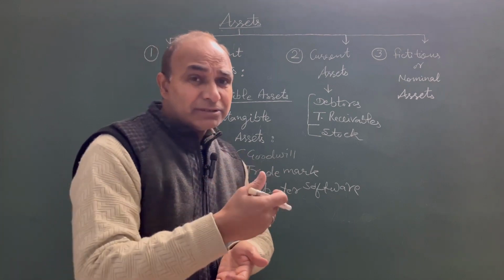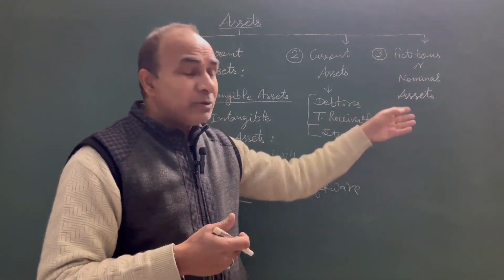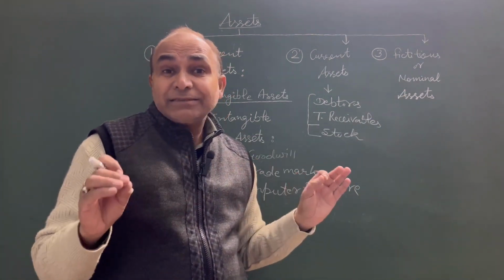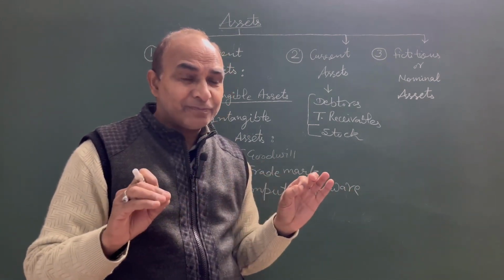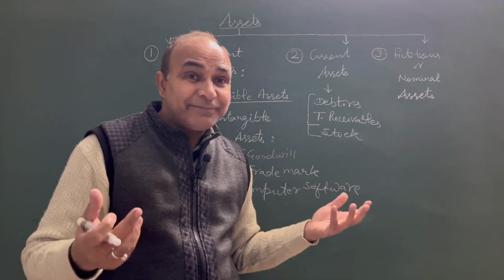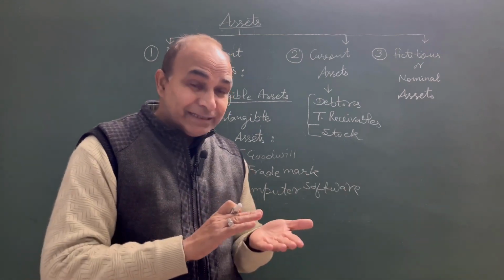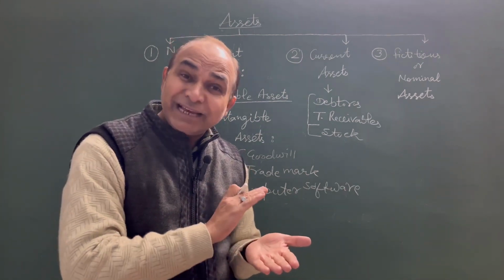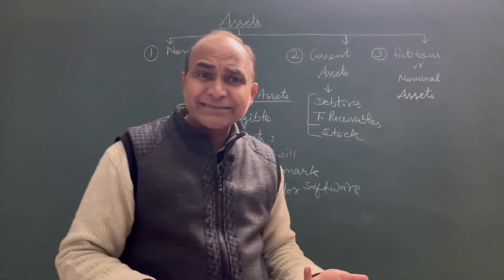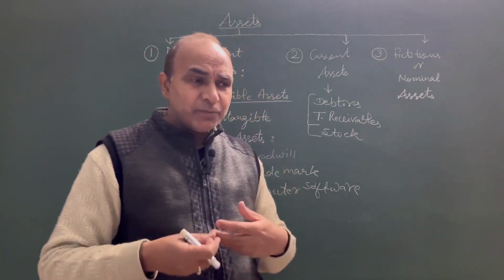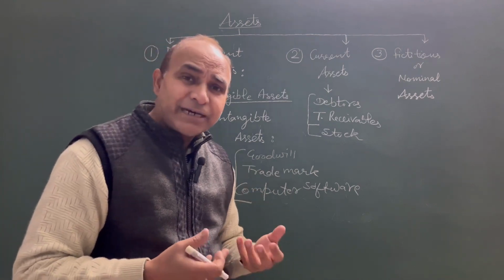And adding to this, these are assets which cannot be realized in the market and have no market value. This is something amazing. These are assets but have no market value. Then how can we consider them assets? Because every asset, small or big, must have a market value.